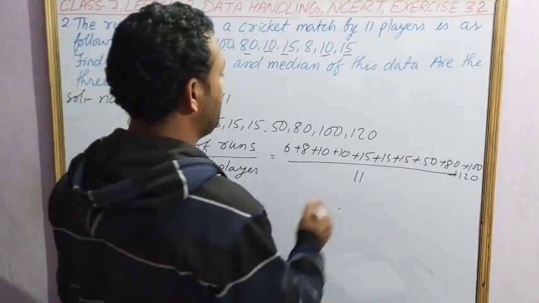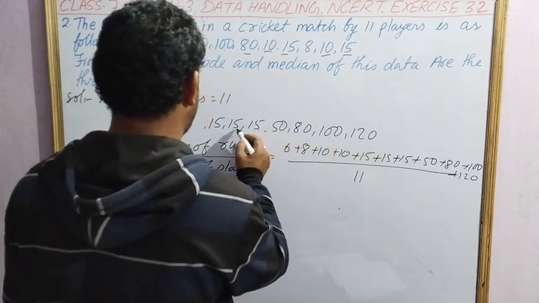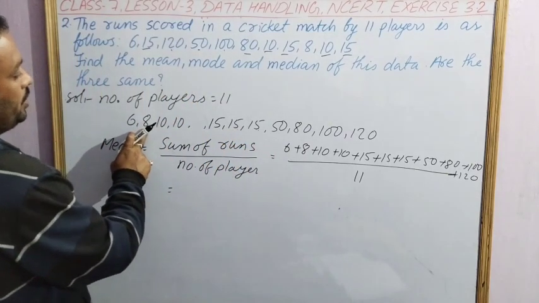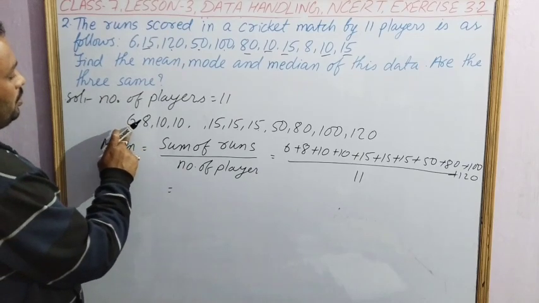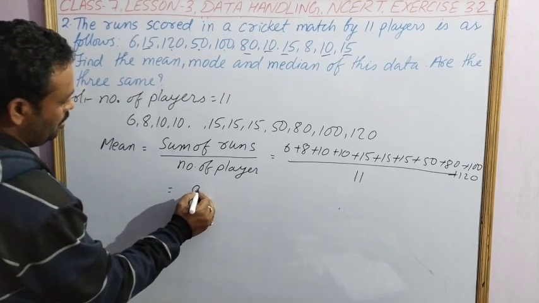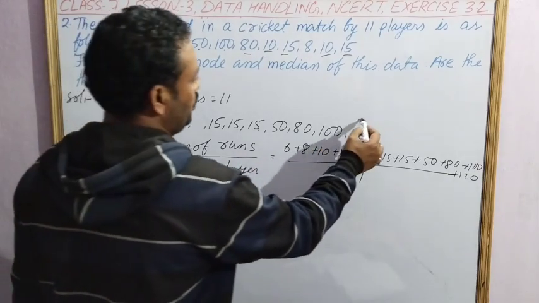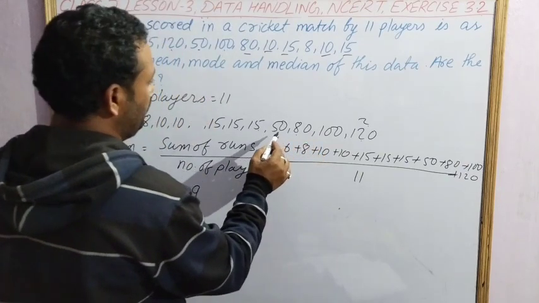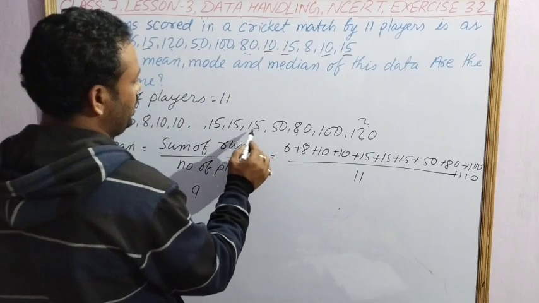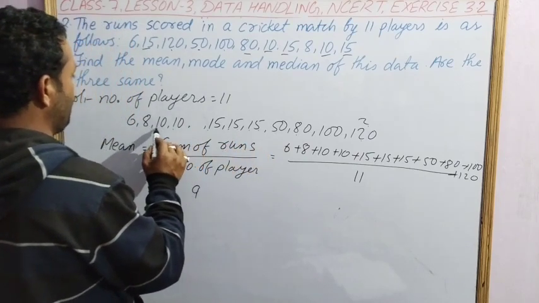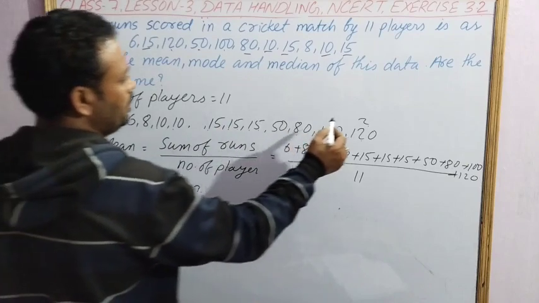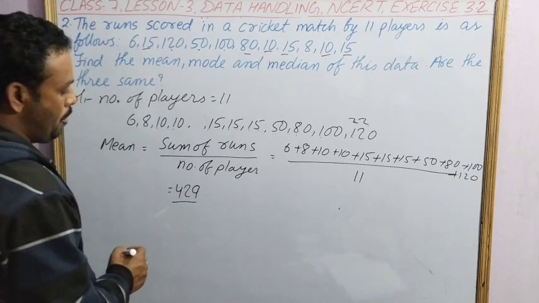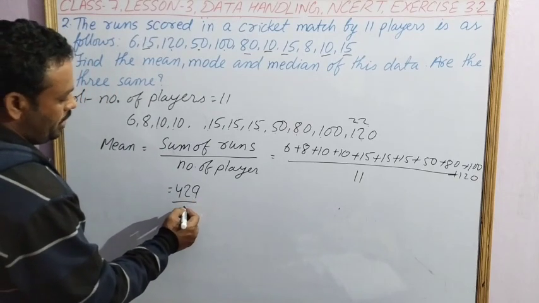Add this and see how much you get: 429. 429 divided by 11.